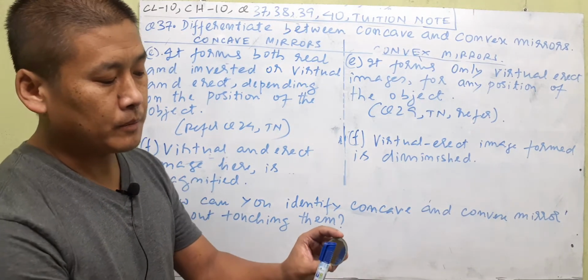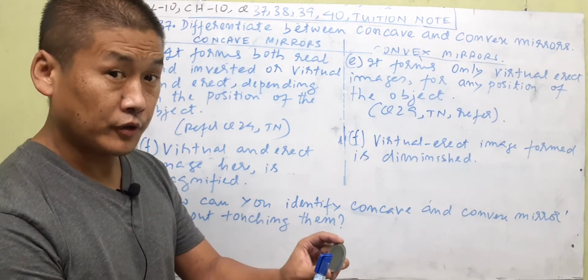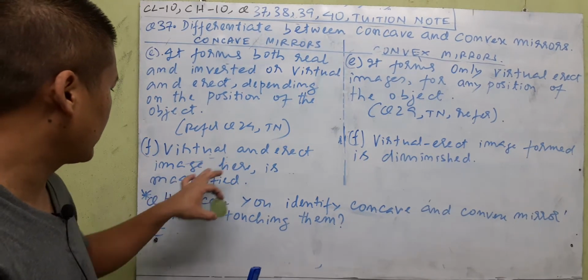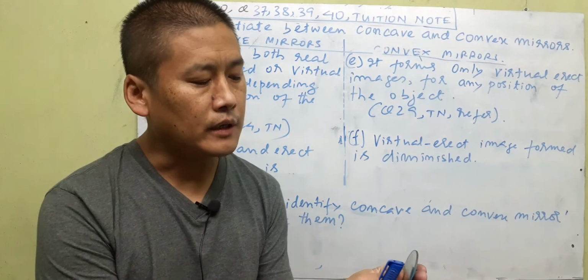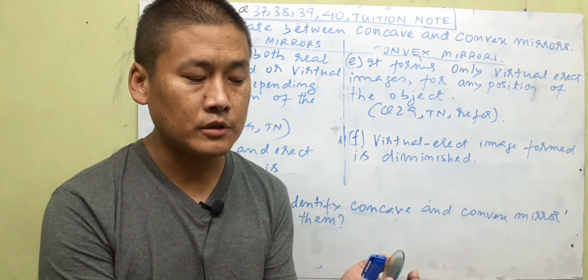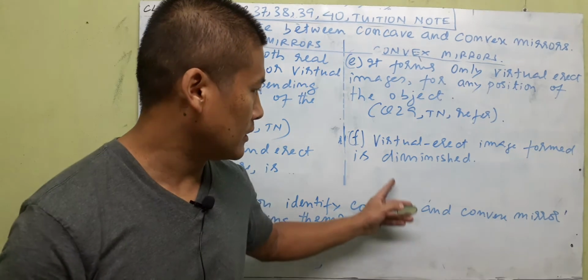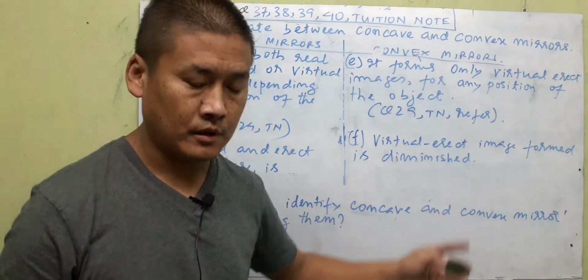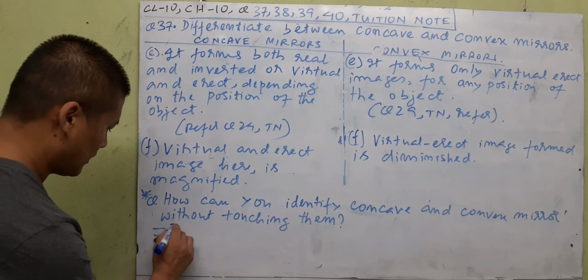Then if you see an image bigger than this pen, surely that is concave, because concave can form virtual erect, magnified images. But if you bring the pen here and the image is smaller than the pen, anywhere you put it, then that is the one, because a virtual erect image is always diminished.